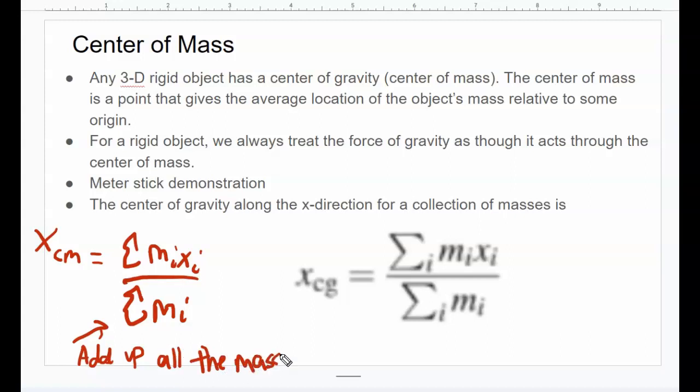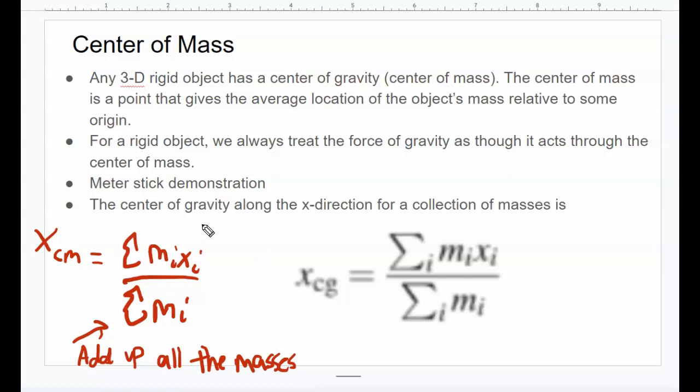However many masses you have in the problem, add all those masses up. For something like a meter stick that's made up of many different smaller masses, we would use calculus to do that adding up. In the problems we're going to be doing, we have only a few discrete masses that we're going to be adding up. So on the bottom of the equation, we're adding up all the masses, and this would be the total mass we have.